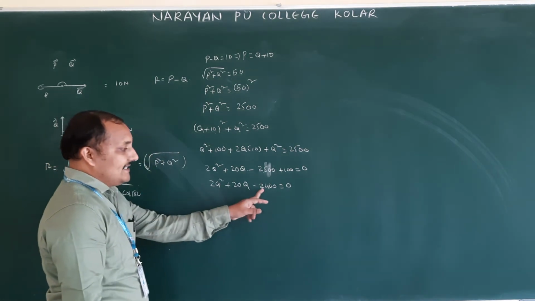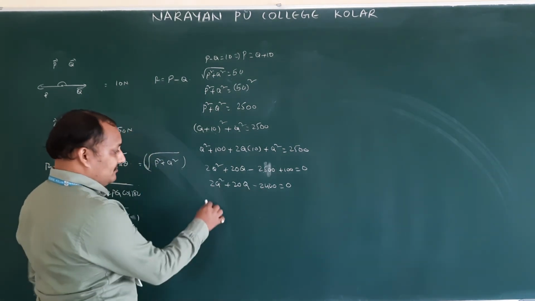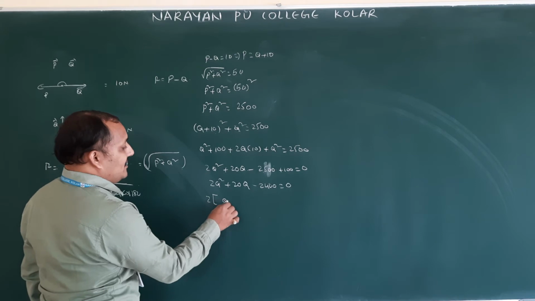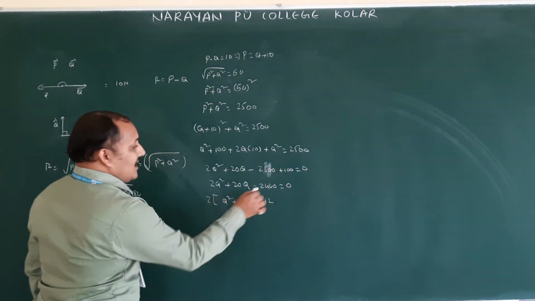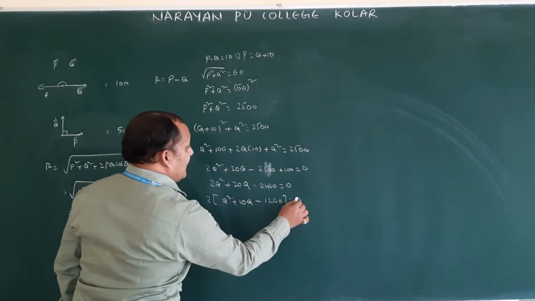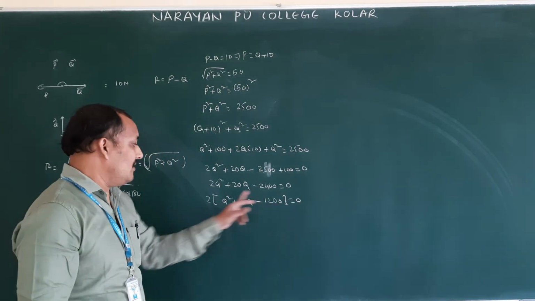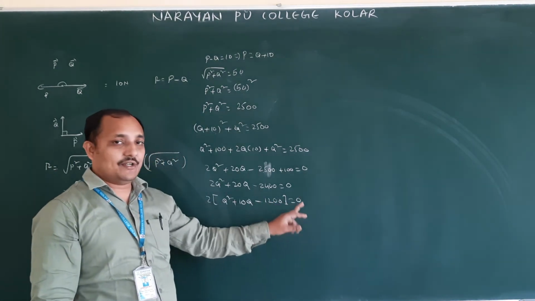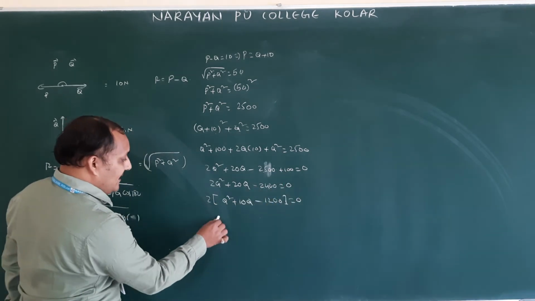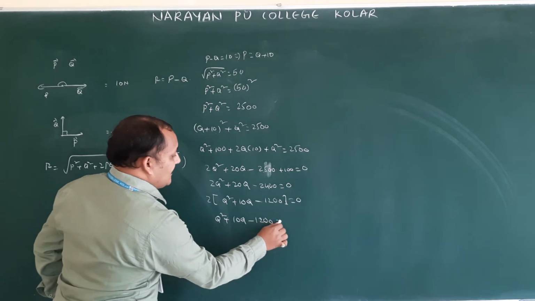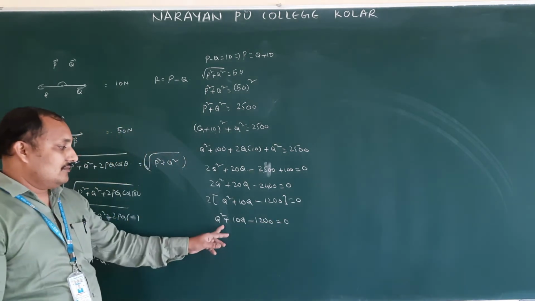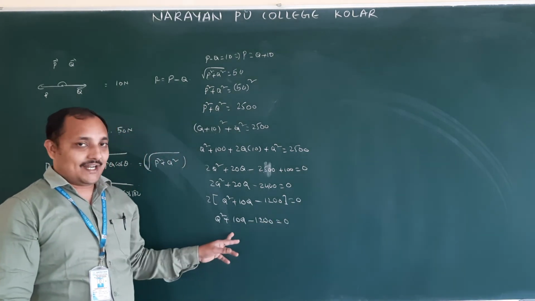So 2 will be cancelled among all this. Take 2 common: Q square plus 10Q, 12 2s are 24, 1200 equal to 0. So this 2 is coming this side, 0 by 2, 0. Then what will be remaining? Q square plus 10Q minus 1200 equal to 0. So quadratic equation.